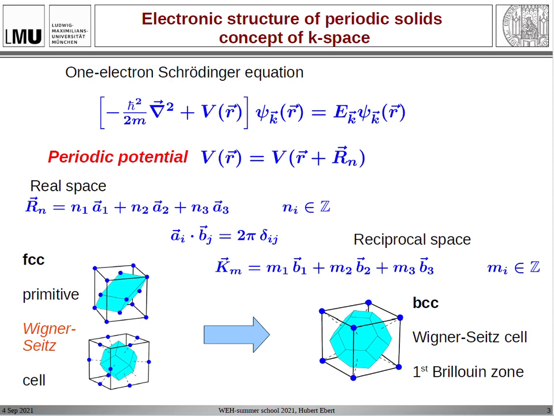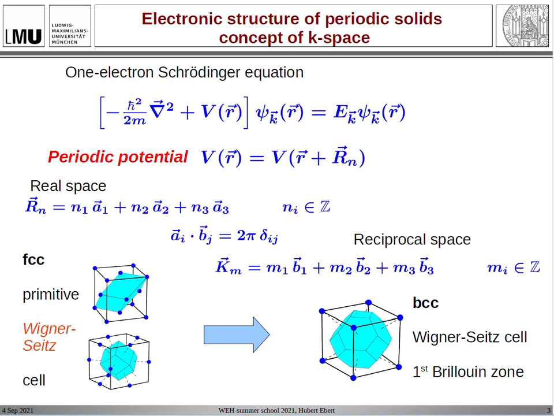And that means from the periodicity, we are led immediately to the real space lattice that is written here, that mathematical object, if you want, and a corresponding subdivision of space into cells. Maybe like this, just brute force, or more clever, a Wigner-Seitz cell.